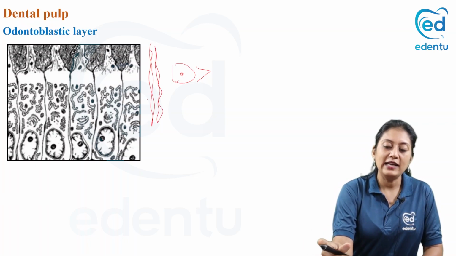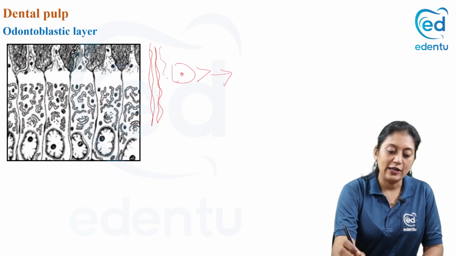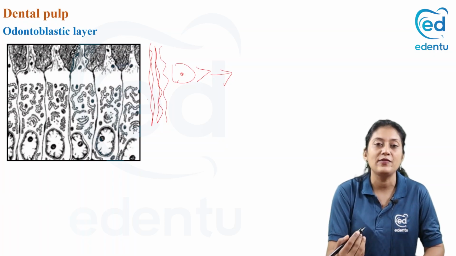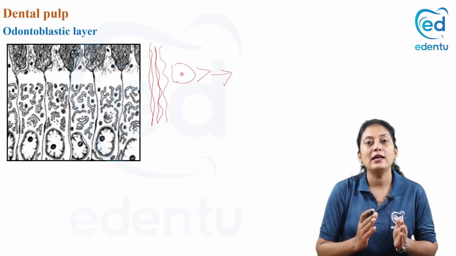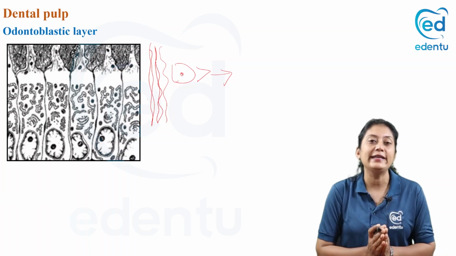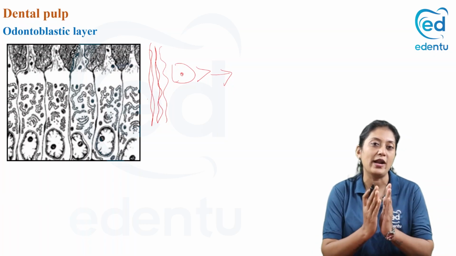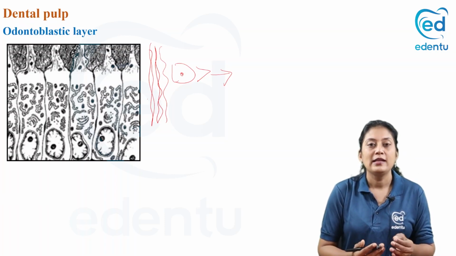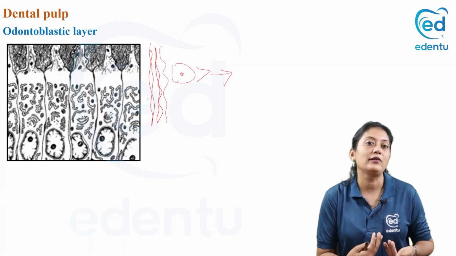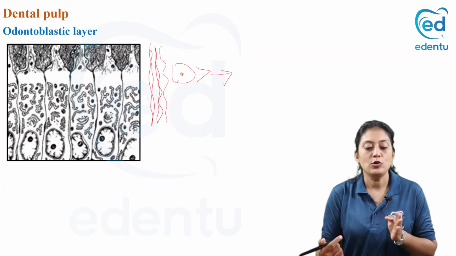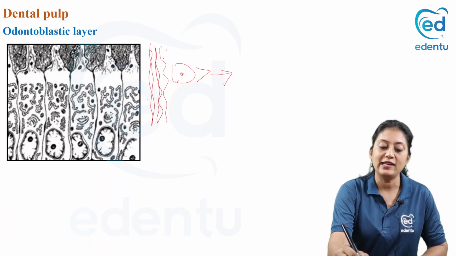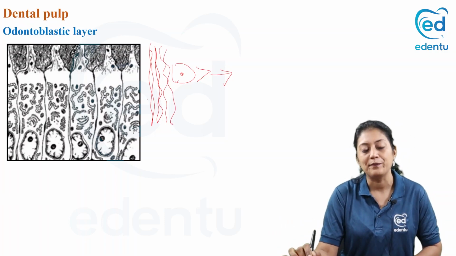Then again it will retract backward and a third layer of dentin will form. I already mentioned in many of the classes, a very important point: all the hard tissues are laid down in increments, layers one after the other. So after every increment of dentin is formed, there is backward movement or retraction of the odontoblast. Once the entire thickness of dentin is formed, it is over.